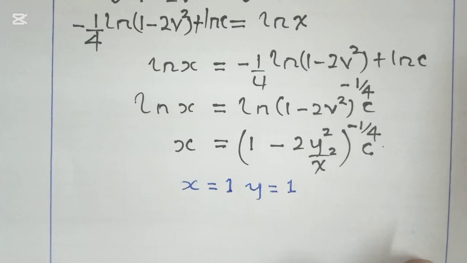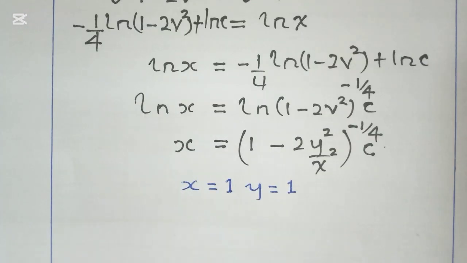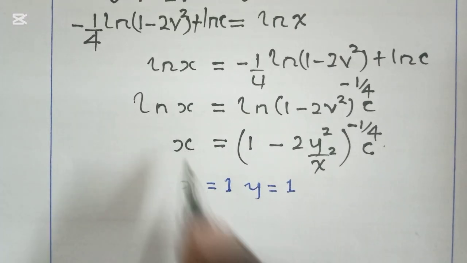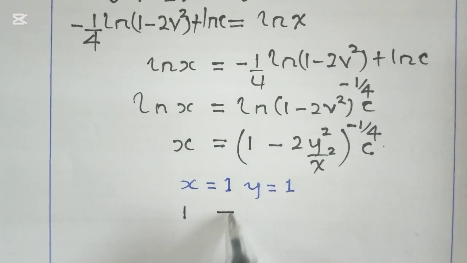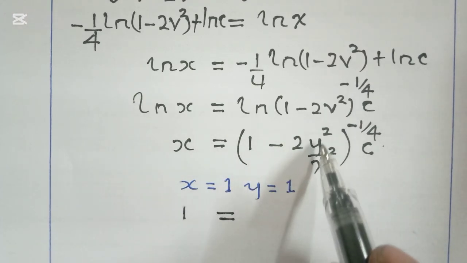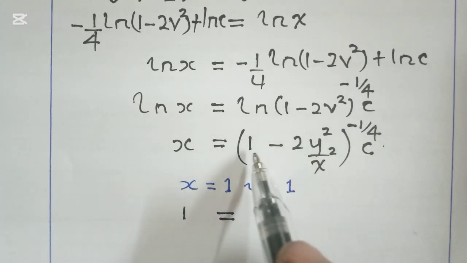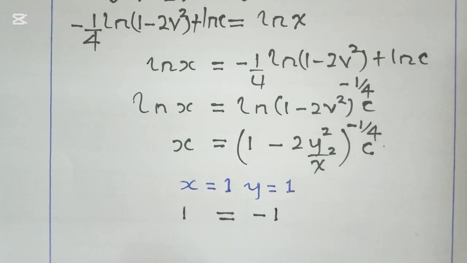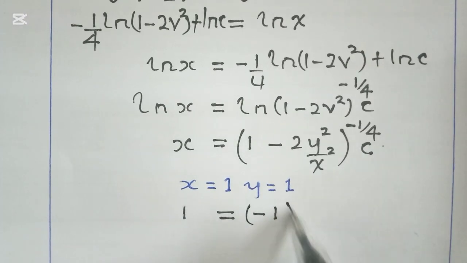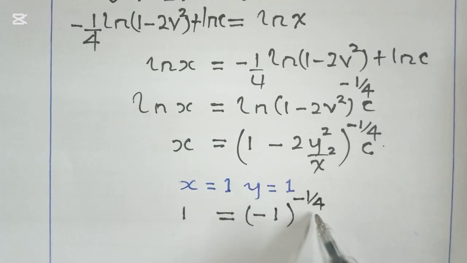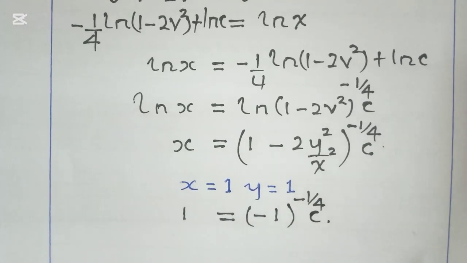That one can be found by putting here 1, that is for x is 1, then this is equal to 1 minus, here we have 1 and 1, that is 1 minus 2 will get negative 1. This is raised to negative 1 over 4, and then here we have c.